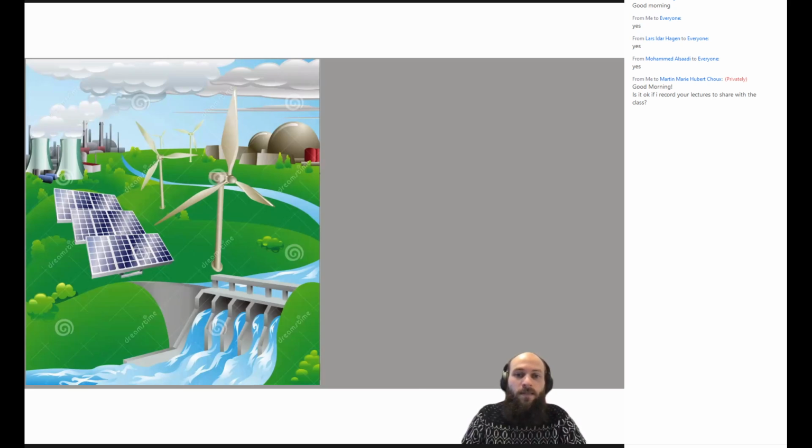So electricity can be produced from different sources. Either nuclear energy, which is produced by nuclear power plants, or fossil fuel, which are coal power plant, or petrol or natural gas, or wind power, so wind turbine, and now we are going to the renewable energies.